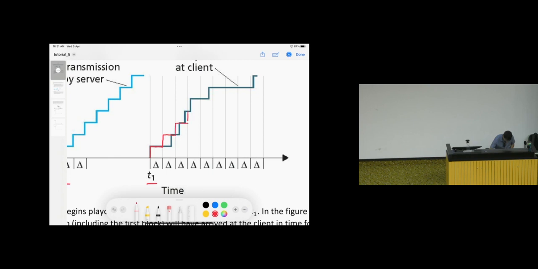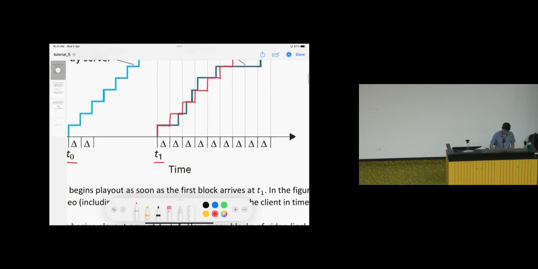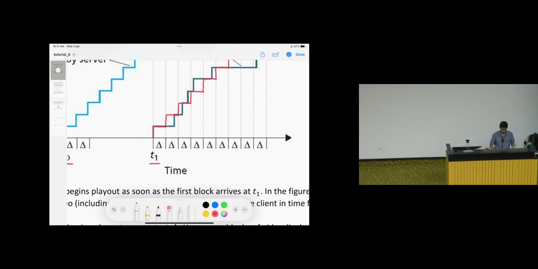Just being careful here to draw to scale. Okay. And then we are going to count the instances where the corners of the red are before the blue line, and claim that these cannot be played because at the time they have to be played, the video block has not yet been received.